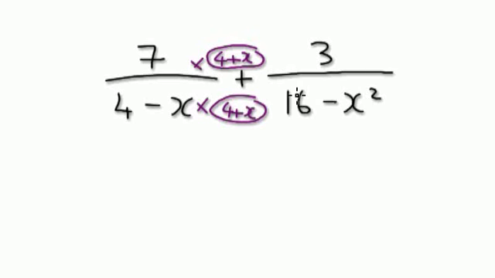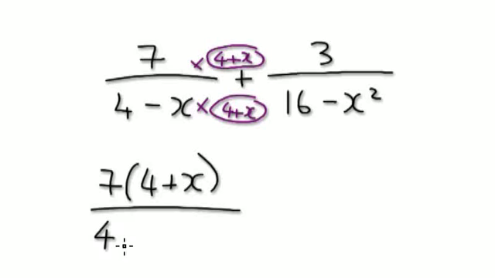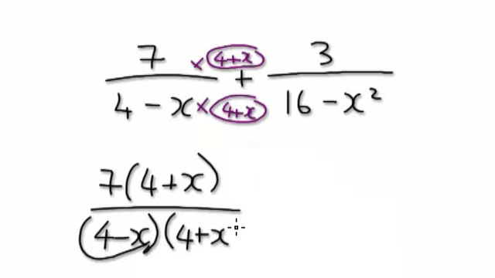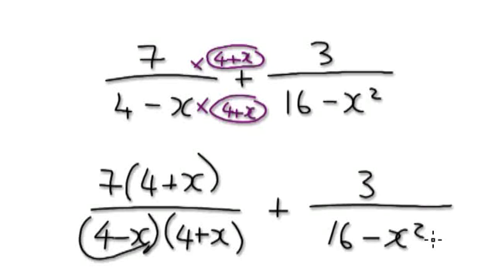The skill here is in being able to spot this bit here. Okay, and then basically just times top and bottom here by this, you will have 7 bracket 4 plus x, close it off, and then you've got 4 plus x, and then on this side, keep it the same, so it will be 16 minus x squared.